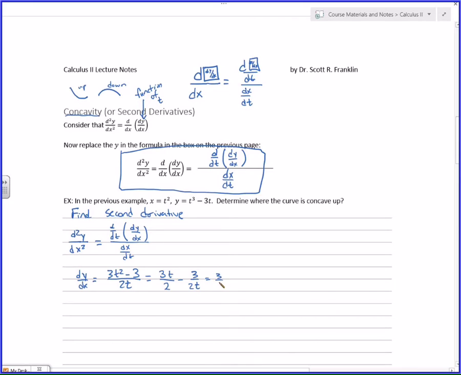Which, just to write it a slightly different way, is 3 halves t minus 3 halves t to the minus 1. So just a little bit of algebraic reformulation makes it a lot easier to take the derivative, right? So what's the derivative of that?